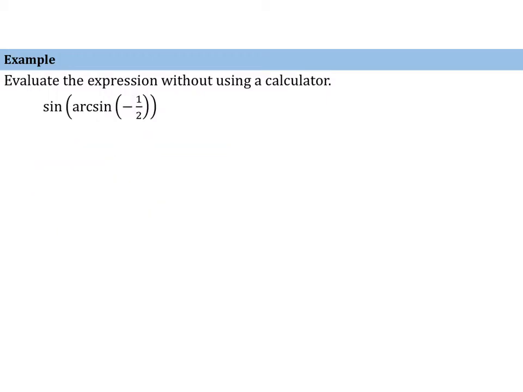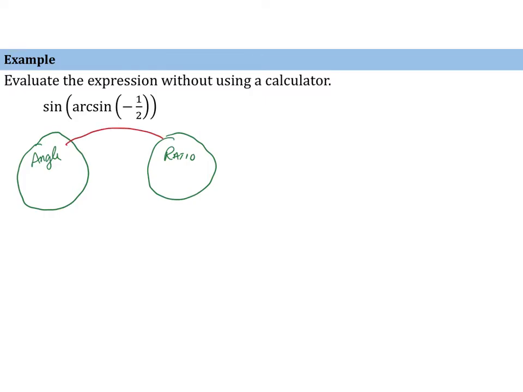So as we look at our next example, let's begin by drawing the circles once again. I have my angles, and I have my ratios. And here my angle is taken to my ratio by the sine function.